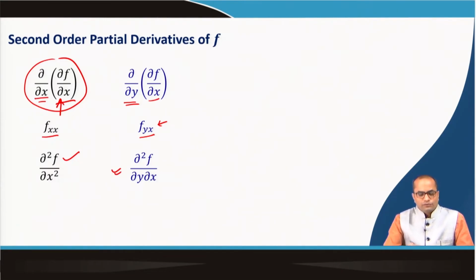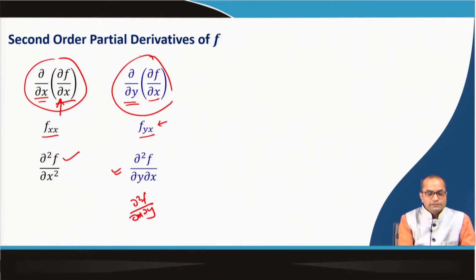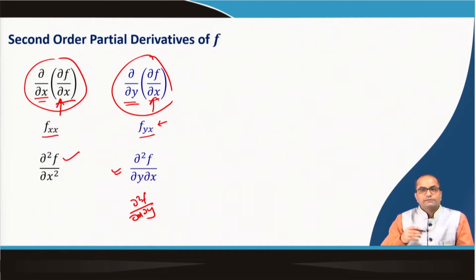In the literature, some authors denote it as del 2 f over del x del y. It is just a matter of symbol, but the meaning is clear: first the partial derivative with respect to x, and then with respect to y.